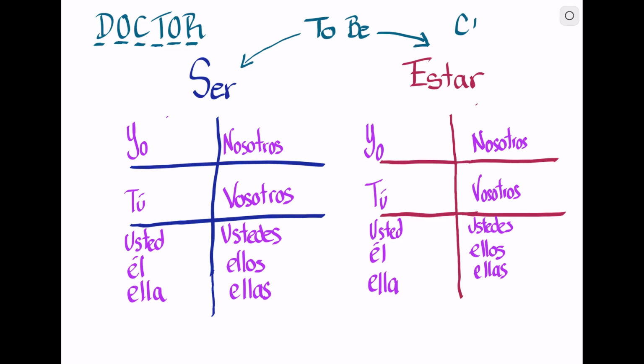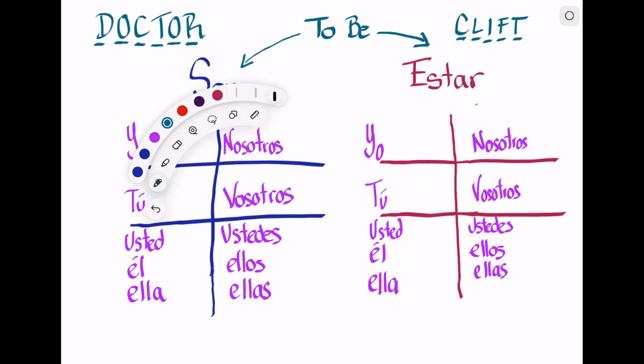And estar is CLIFT: condition, like to be sick is a condition, location, ing, feelings, and temporary or temporal things, like the coffee is hot or cold. If something is temporal, it's going to be cold again or it can be heated.